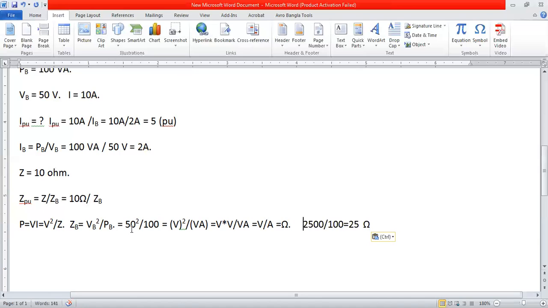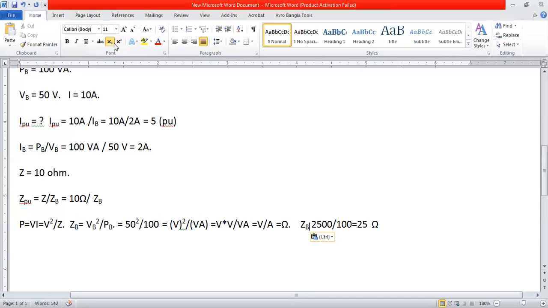So this is the value of ZB, and the value of ZB is 25 ohm. Now if we put this impedance value here, then we will get the final result, that is 10 divided by 25.